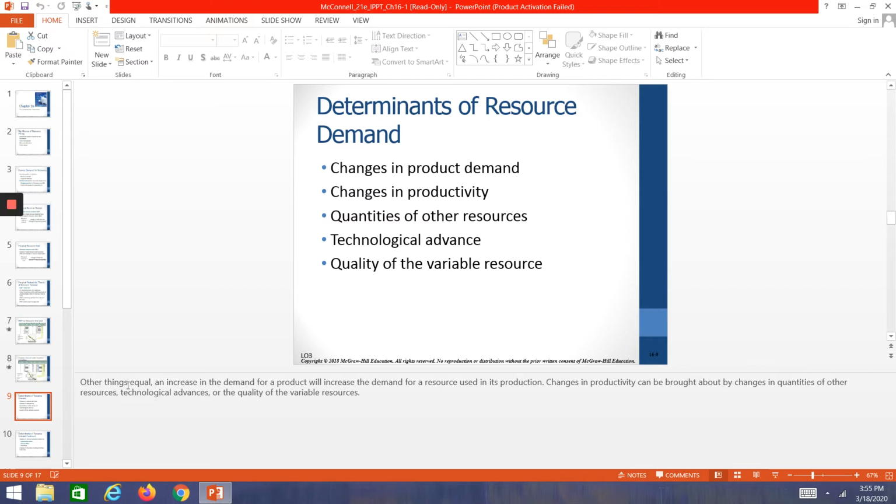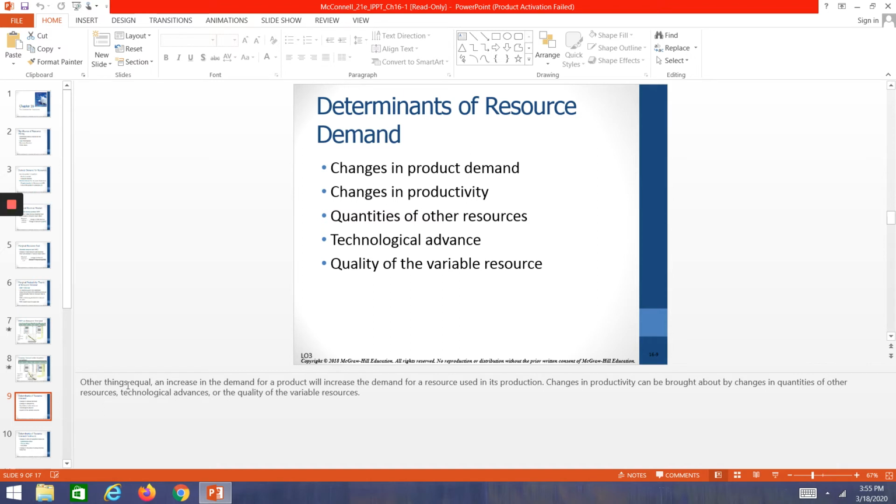Changes in productivity. Always an increase in productivity will increase demand for that worker. The more productive workers are in more demand, and they get paid more. So productivity increases equal wage increases. These next 3 bullet points should probably go under the heading of productivity.